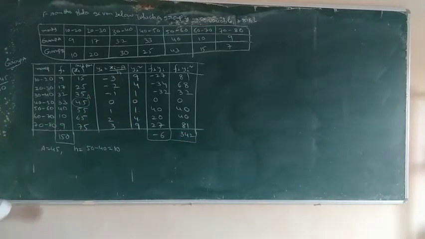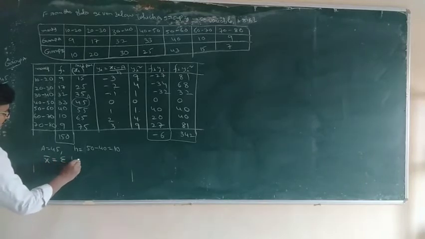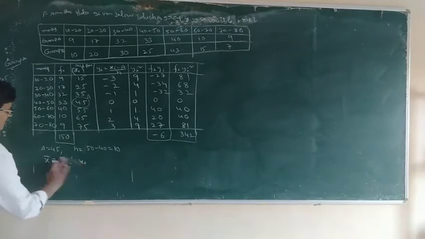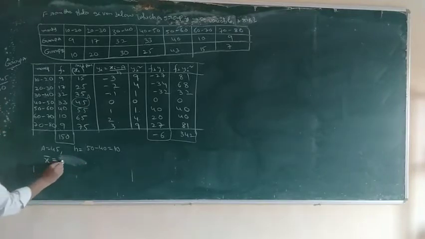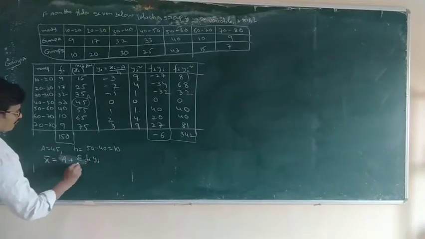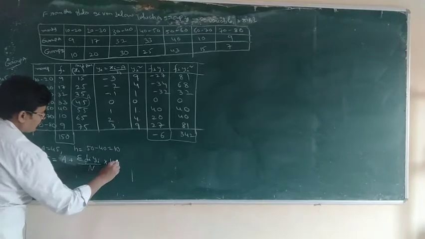So mean x bar is equal to, by the shortcut method, a plus sigma fi into yi by capital N into h.